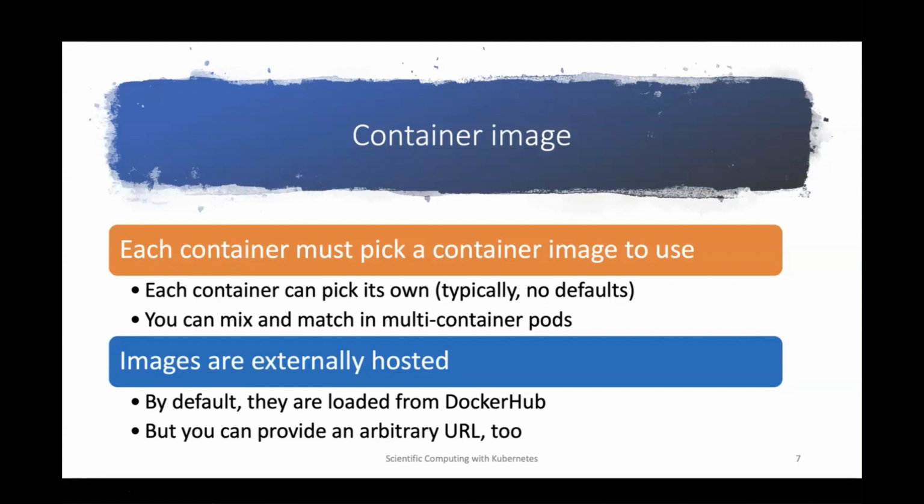Typically, images are externally hosted. By default, they get pulled from Docker Hub, but they can come from any other arbitrary URL. And your Kubernetes system may actually have an image repository that is collocated with the system. That's really dependent on the system administrator, but Docker Hub is a safe bet.